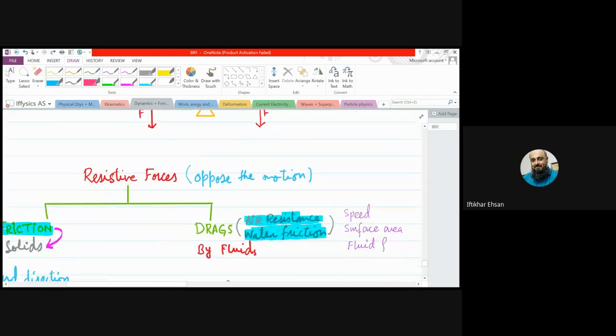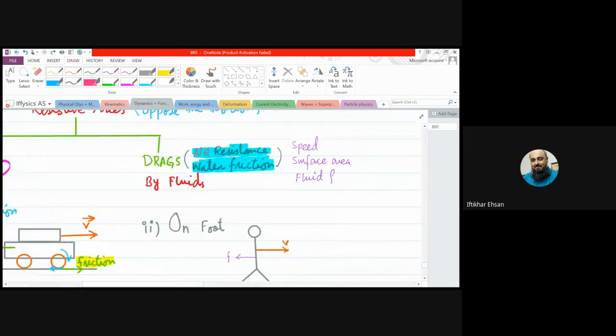And the friction also depends upon the weight of the object. But the drag forces, which are applied by fluids, both liquids and gases, depend upon the speed. The faster the object, the larger the air resistance it feels. They also depend on the surface area, the front area. You know why aeroplanes, bullets and missiles are made narrow in the front. It is to reduce the effect of drag.